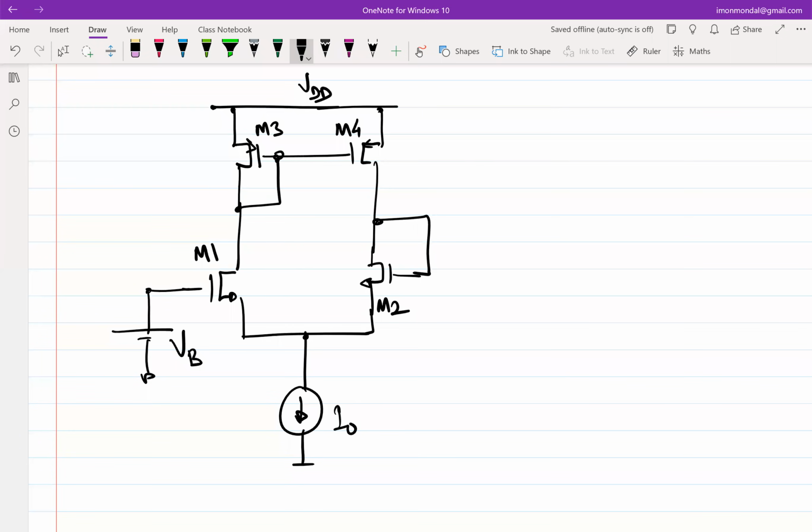Okay, fine. So his argument is, let's assume M2 is off. If M2 is off, what happens to this gate voltage? It need not be less than VDD, but it's definitely not closer to VDD. It will be lower. If it's lower, can you comment on the state of M3? M3 is in saturation. What about M4?